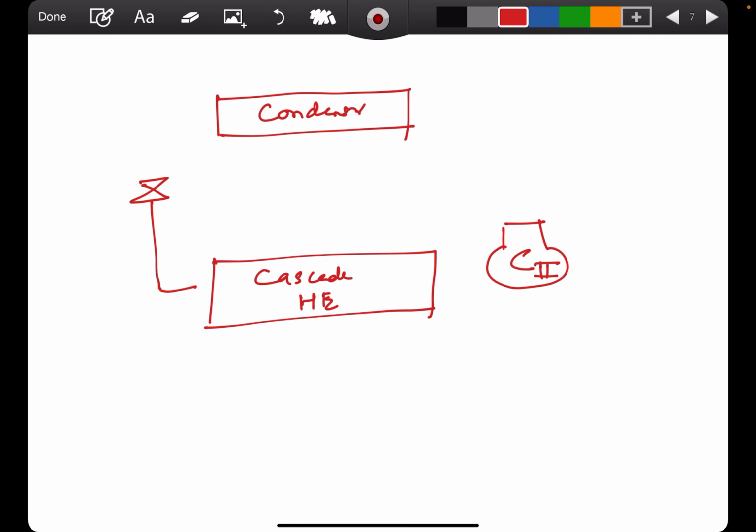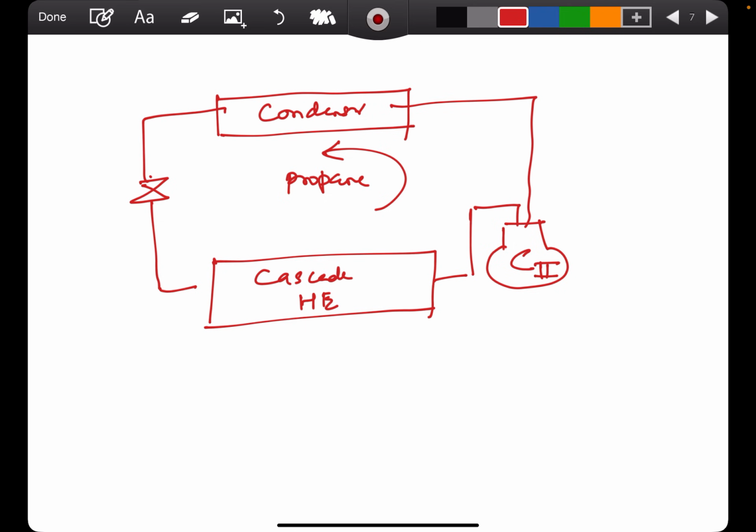And here instead of ethane you have propane circulating, right? So now, as already told, the condensation temperature is 50 degrees centigrade, and the evaporation in this cascade heat exchanger would happen at a lower temperature than the cascade condensation temperature. So lower than minus 35.